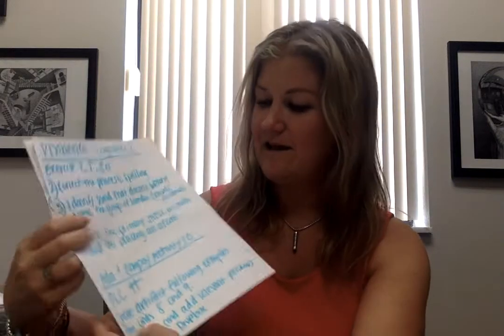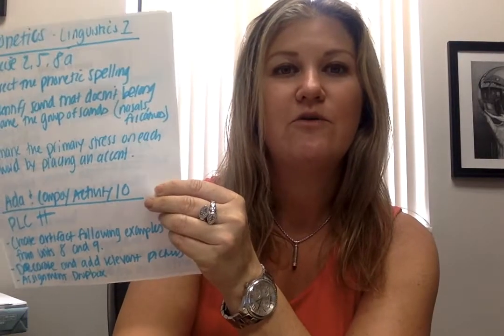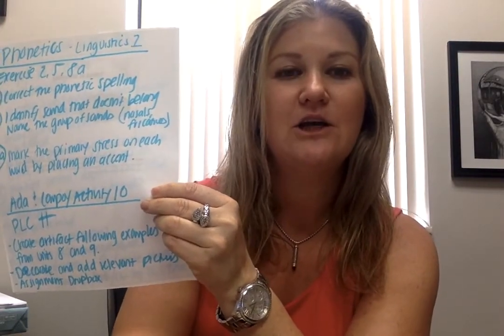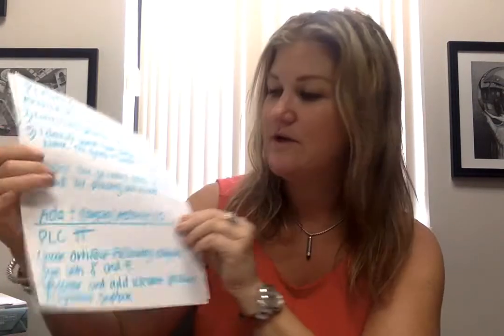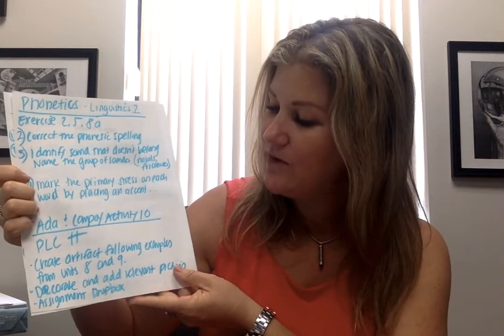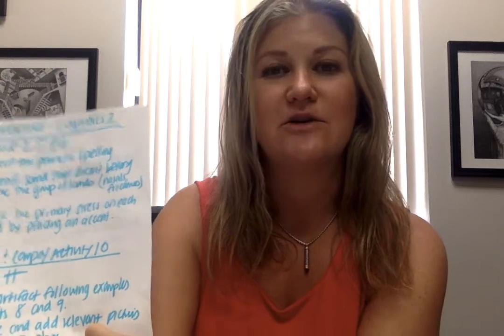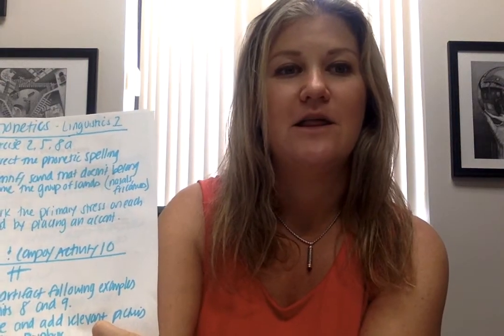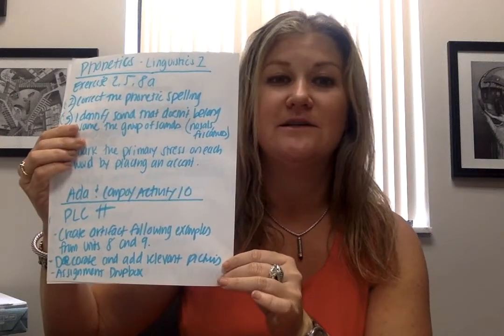We also have an Ada and Compoy activity, activity 10. For this activity, you are going to create an artifact using examples from units 8 and 9. You're going to take that directly from the content from Ada and Compoy, units 8 and 9.